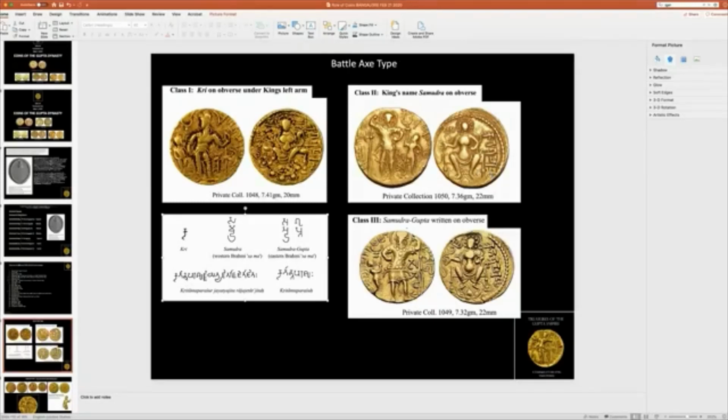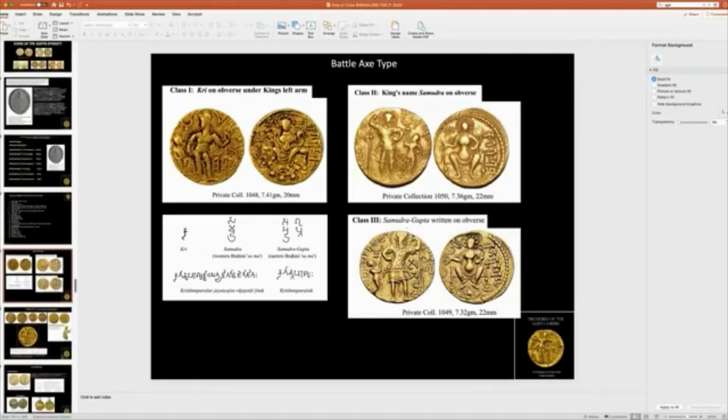The Allahabad pillar inscription refers to Samudragupta as Kritanta Parusha, the exterminator of all kings. It is basically a message on the coins saying that I am ready to expand my empire. If you are going to stand in my way, prepare to die, because I am the exterminator of all kings that stand in my way.